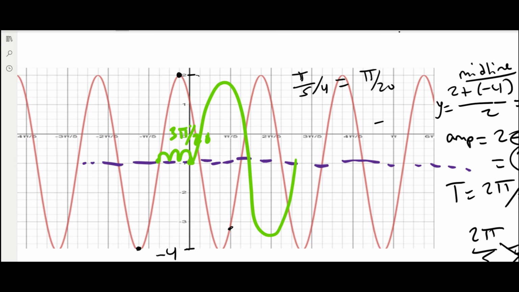However, remember that our goal is to go from the green to the red. So that means we're actually shifting it to the left. We want to take the green and shift it to the left to get the red, right? Because the red is the graph that we want, not the green. So it's going to be -3 pi over 20.